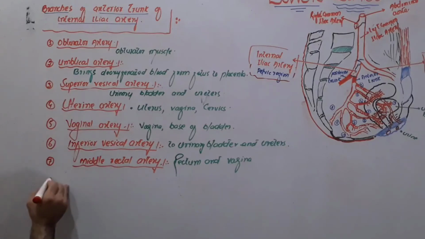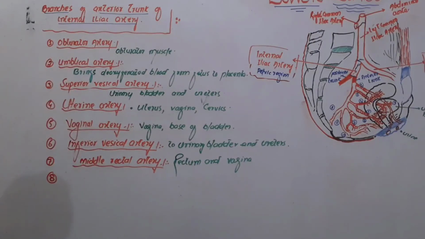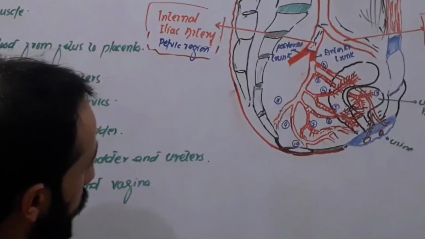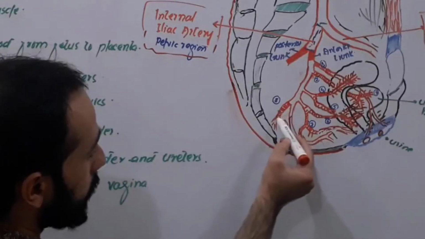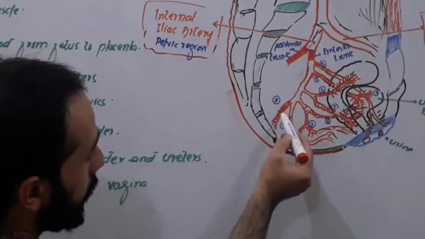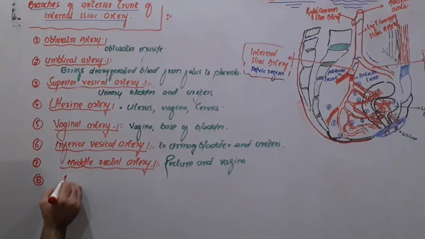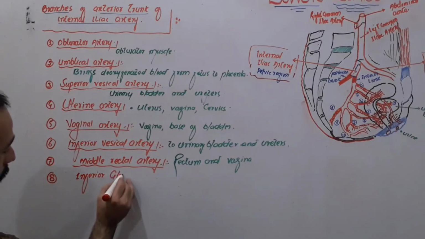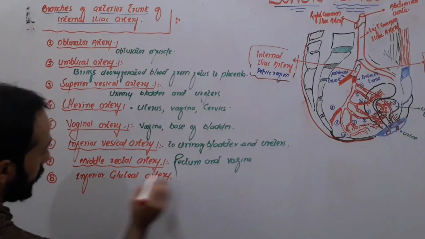Then the eighth branch which arises from this anterior trunk of the internal iliac artery is the inferior gluteal artery. You can see this one, right? This branch is called the inferior gluteal artery.